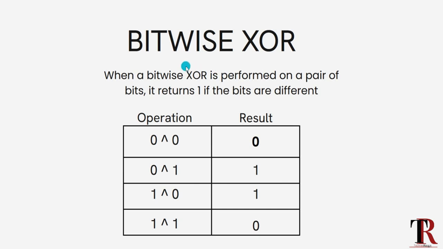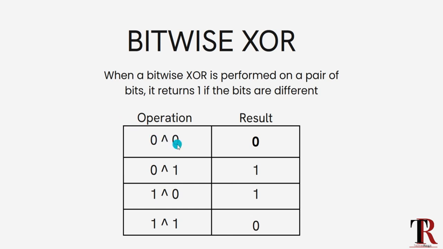So to get 1, as in the illustration I gave with a light bulb, the two bits have to be different. If they are not different, which means they are of the same value, you will not get 1.